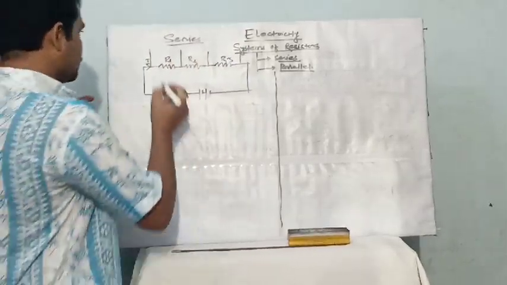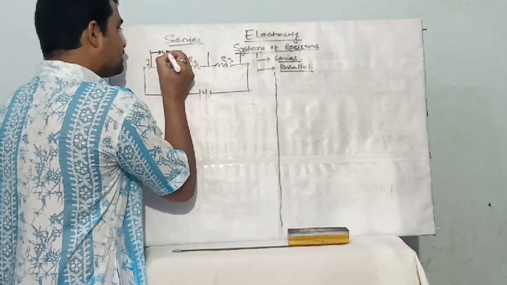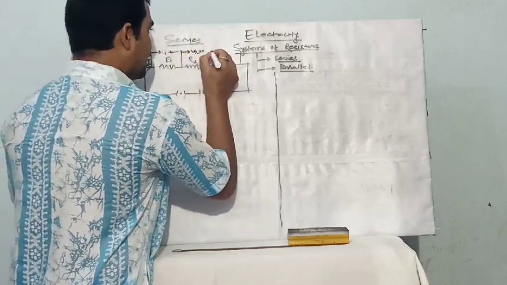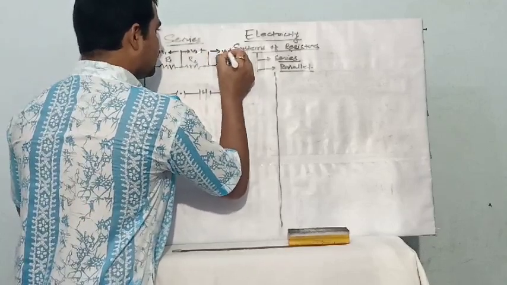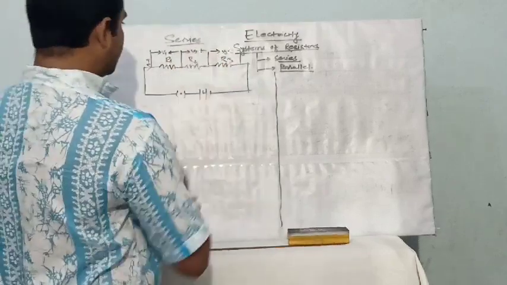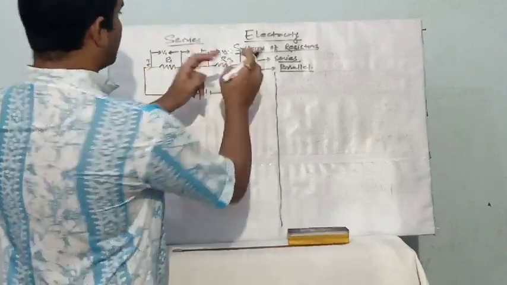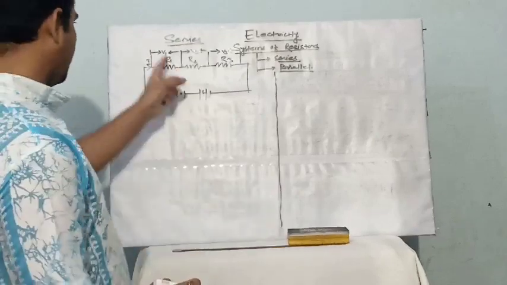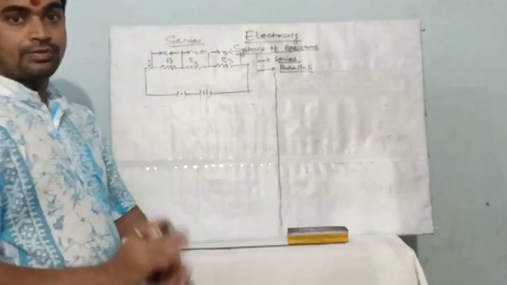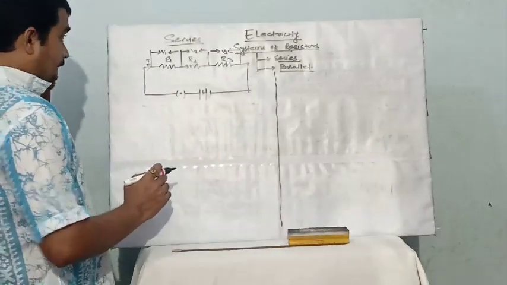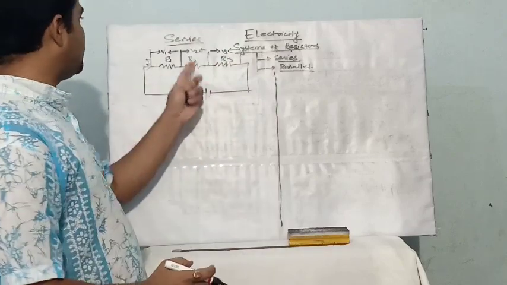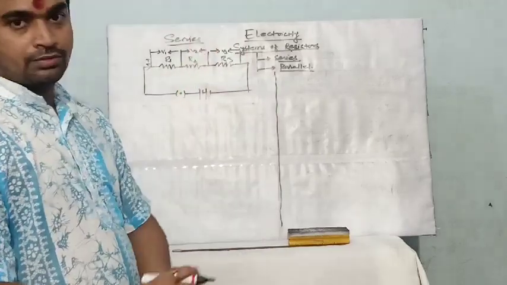Once again, if the potential difference across this one is V1, across this one is V2, and across this one is V3, then V1, V2 and V3 will be different if R1, R2 and R3 are different. And if R1, R2 and R3 are all equal, then V1 will be equal to V2 and that will be equal to V3.